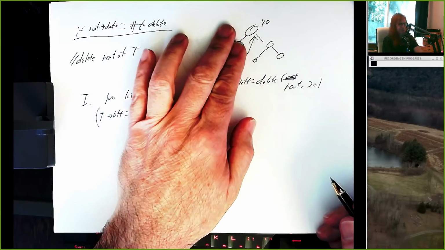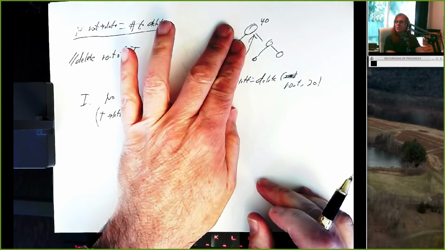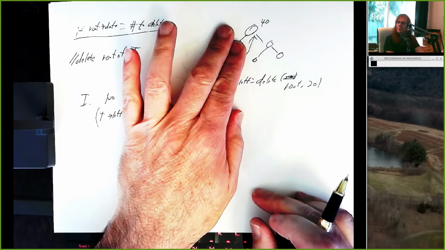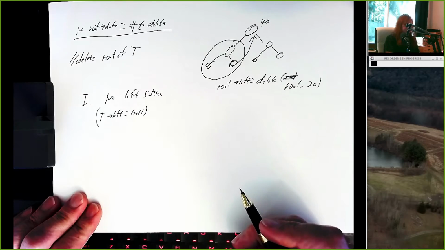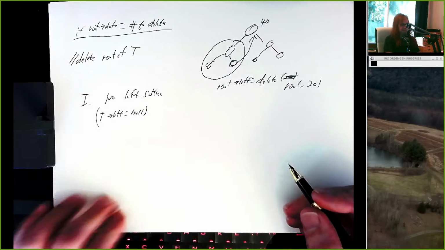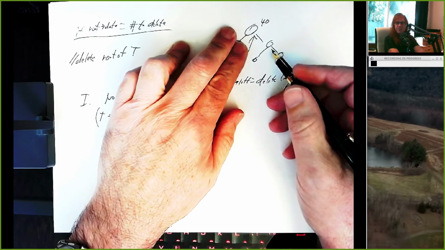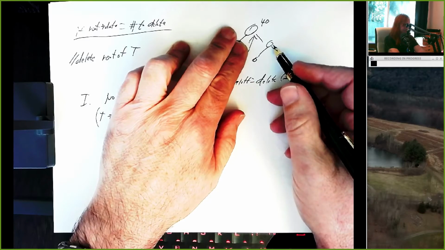So if our tree looks like this and we're trying to delete the root, there's no left subtree from which we can find the largest node. So how do we find the largest node and make it the root? We can't. But in this case, since there's nothing to the left and we're trying to delete the root, we just change the root to be the right child of the root.